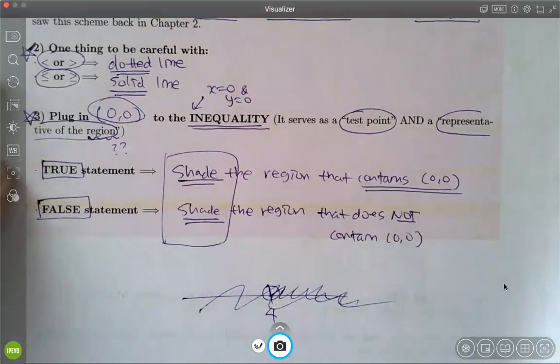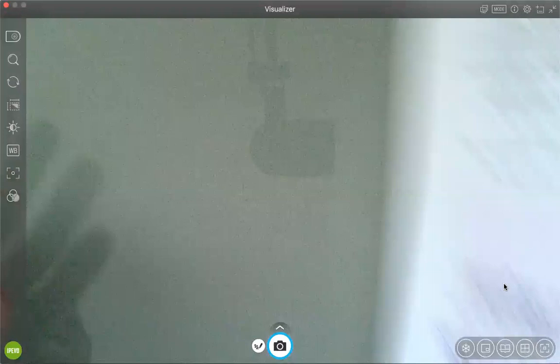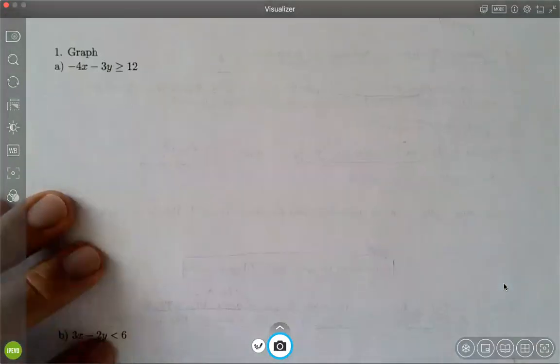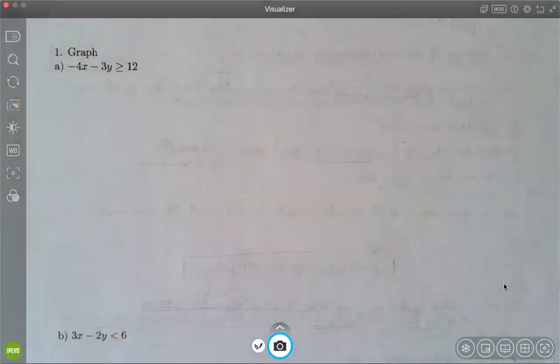Okay, so now let's work on these two problems. Graph negative 4x minus 3y is greater than or equal to 12. First things first, we have greater than or equal to, and we know the graph is a line.